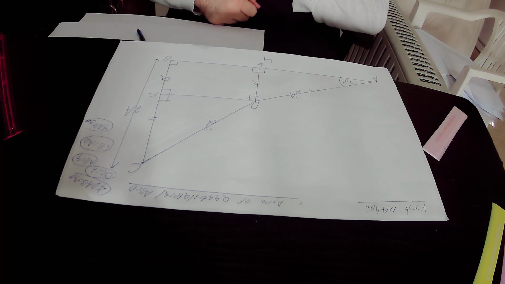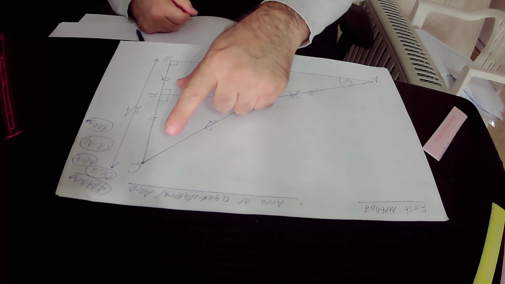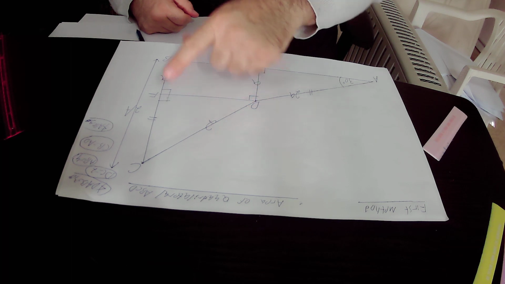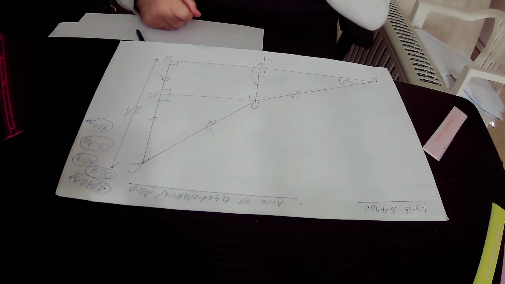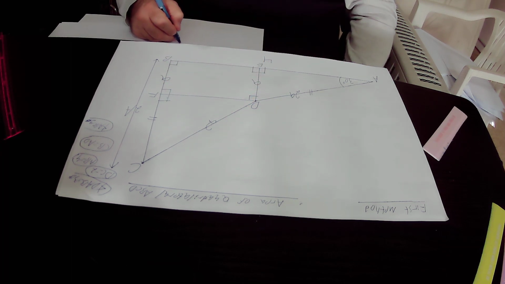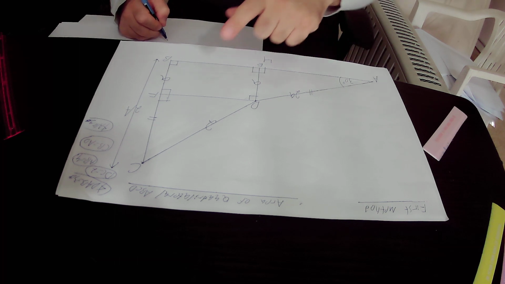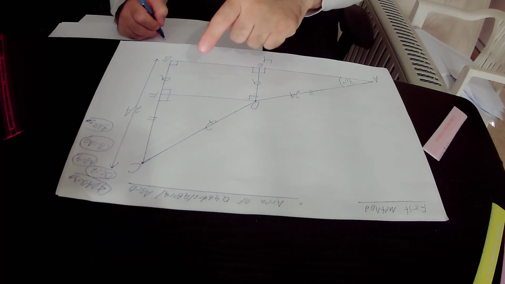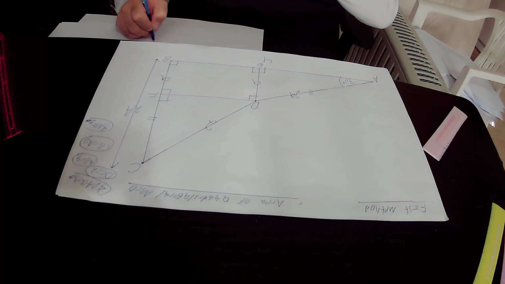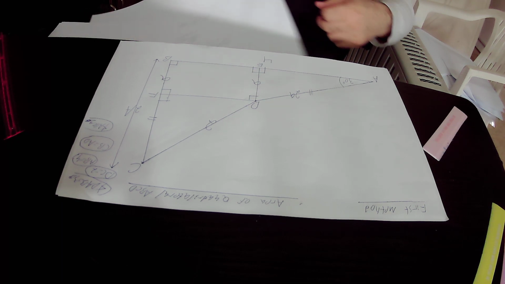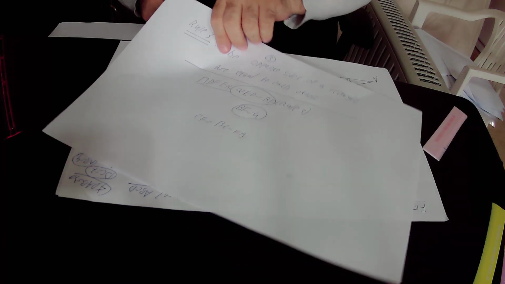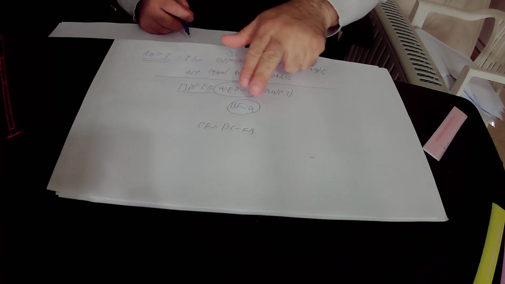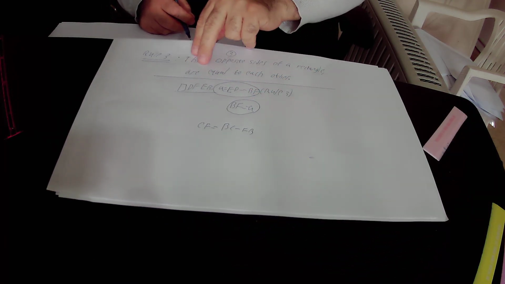What is the value of CF from the drawing? You can easily see that CF equals BC minus BF.